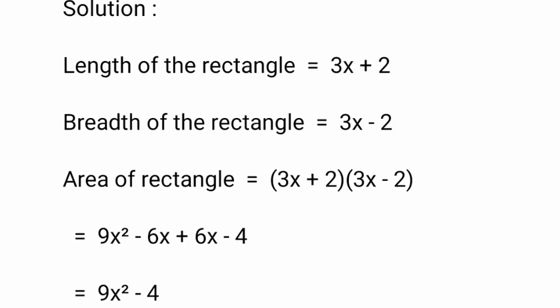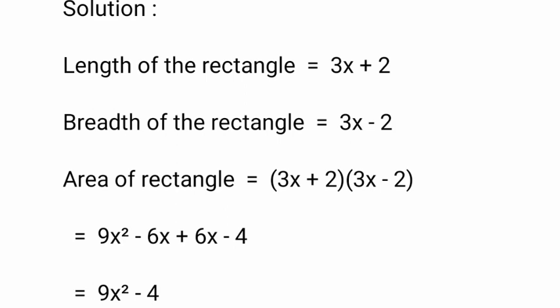Now multiply the two polynomials. First, 3x into 3x: 3 into 3 is 9, x into x is x square. Next, minus 2 into 3x gives minus 6x.